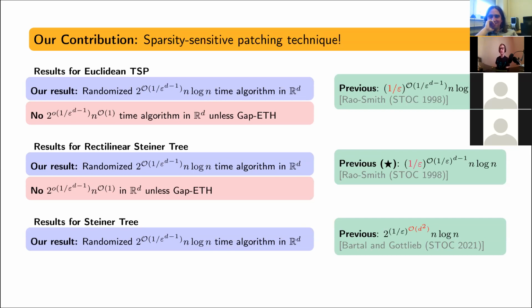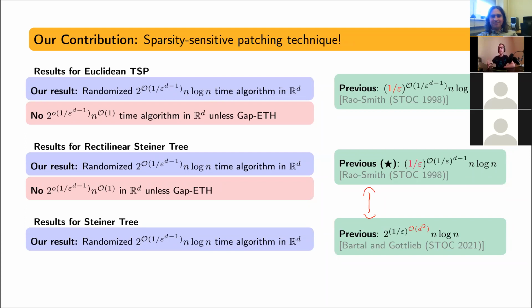So we somehow clarify what was going on here. There are no unclaimed results now. We basically close what is known for TSP and Steiner tree and rectilinear Steiner tree in most of the regimes. Right. Any questions so far?